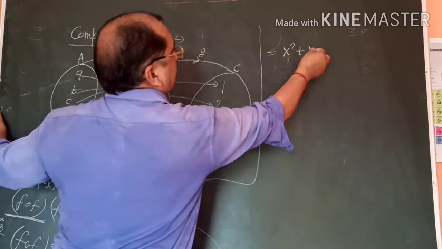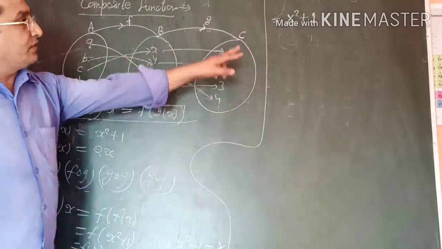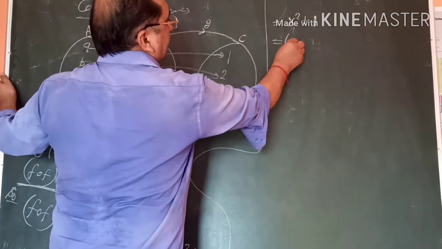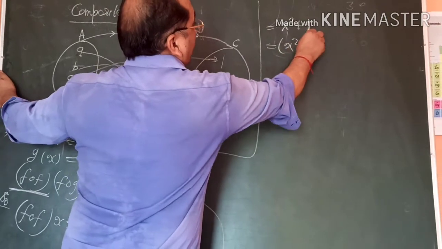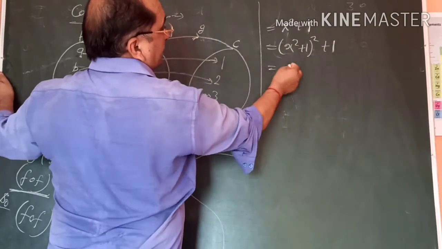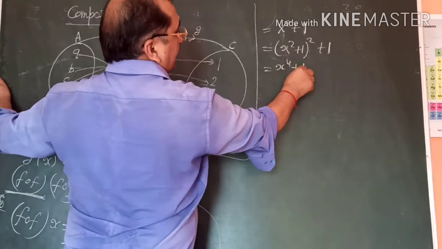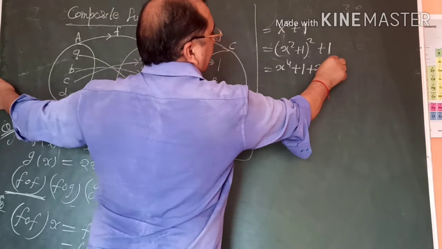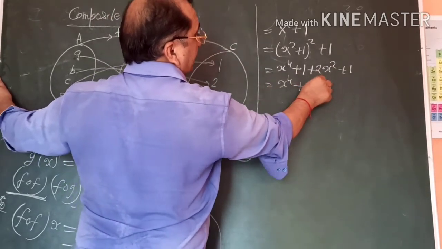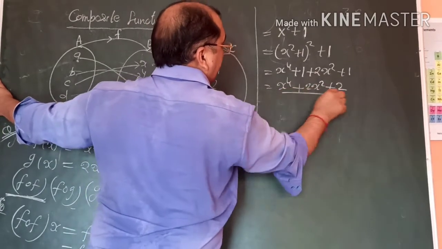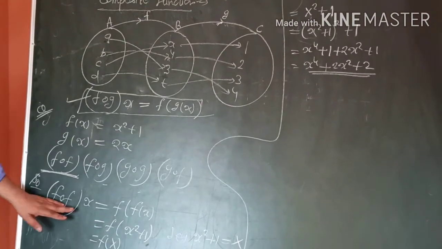What is capital X? x square plus 1. We can put the values here: capital X is x square plus 1, whole square plus 1. So you can open this with (a plus b) whole square, a square plus b square plus 2ab, giving x to the power 4 plus 2x square plus 2. This is the value of f o f.